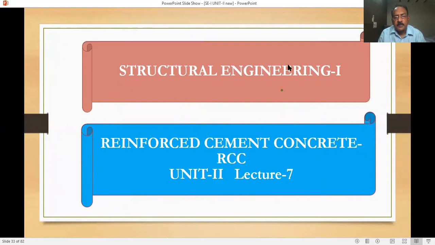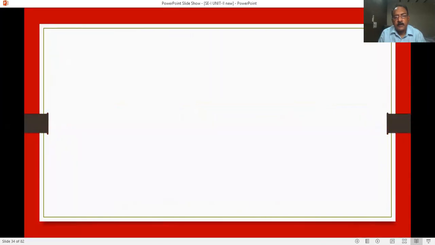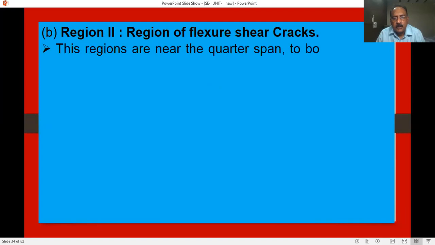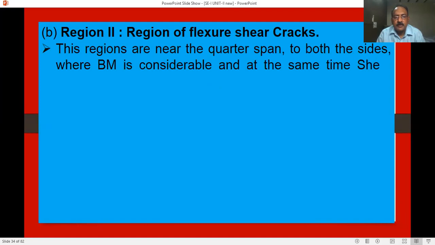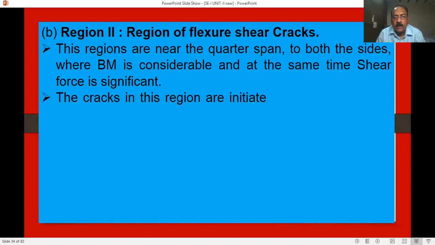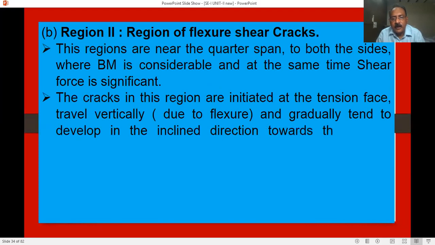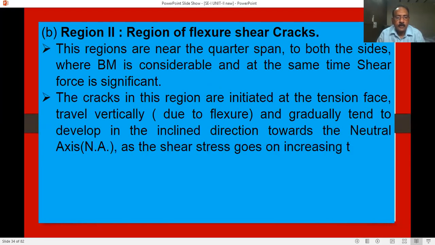We'll continue types of cracks in this video. In region 2, both types of cracks will be there. That is due to flexure and shear. The failures occur due to bending moment and shear as explained in the previous video.